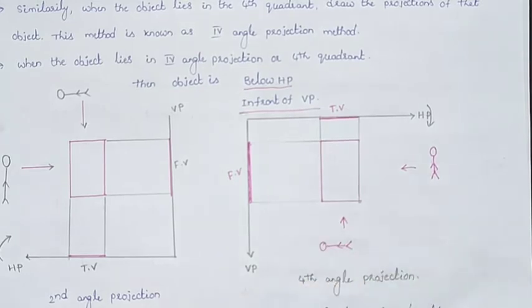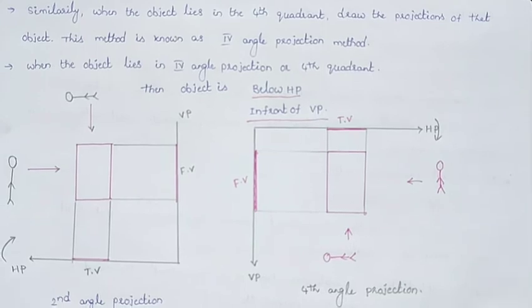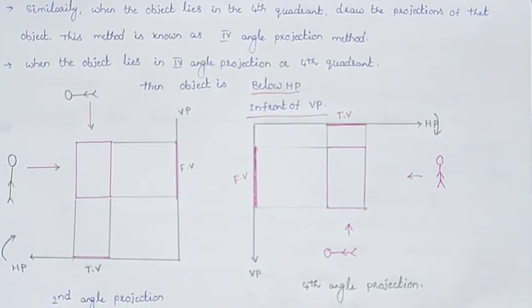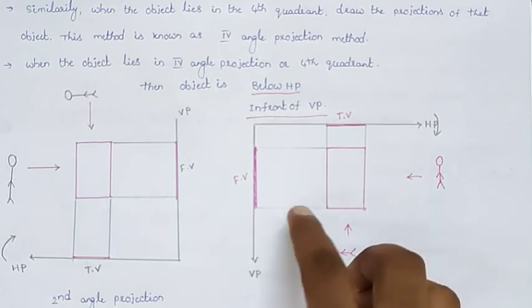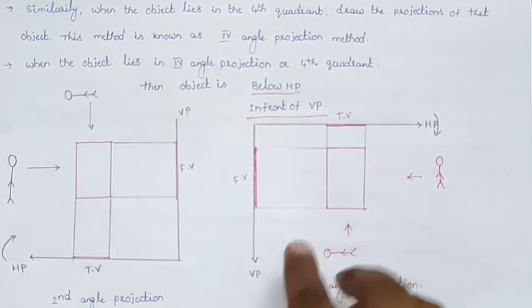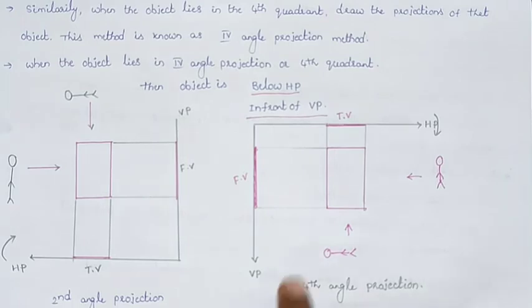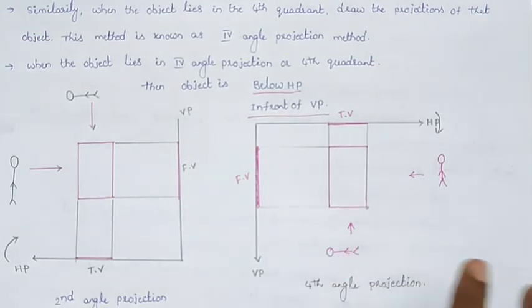Coming to the fourth angle projection method, when the object lies in the fourth quadrant, draw the projections of that object. This method is known as the fourth angle projection method. This diagram represents the two-dimensional view of the fourth angle projection method.